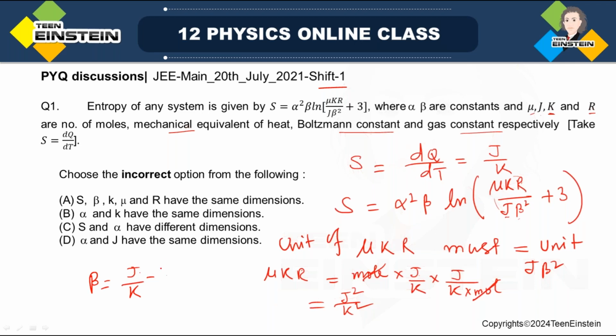That means this is M L square T to the power -2 divided by K, where K is Kelvin. Better to go with the unit itself.